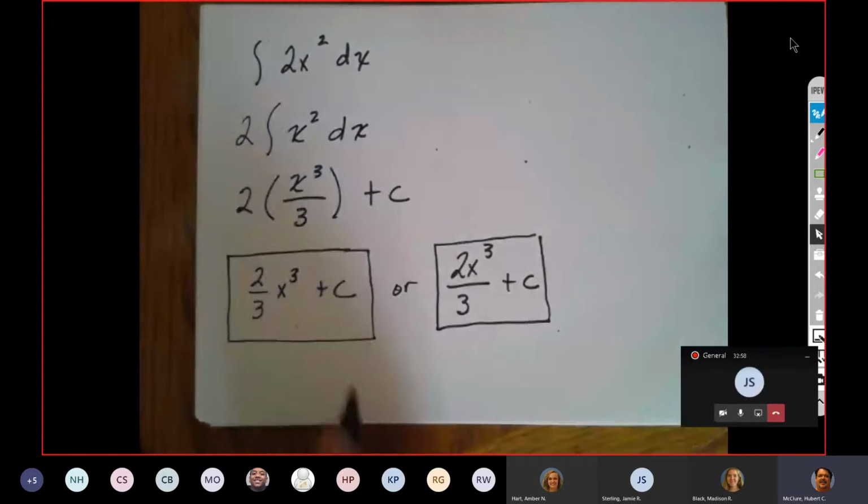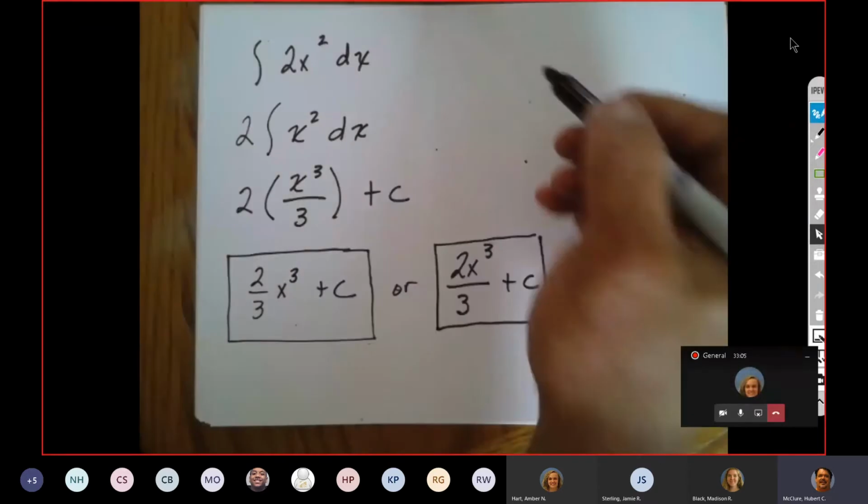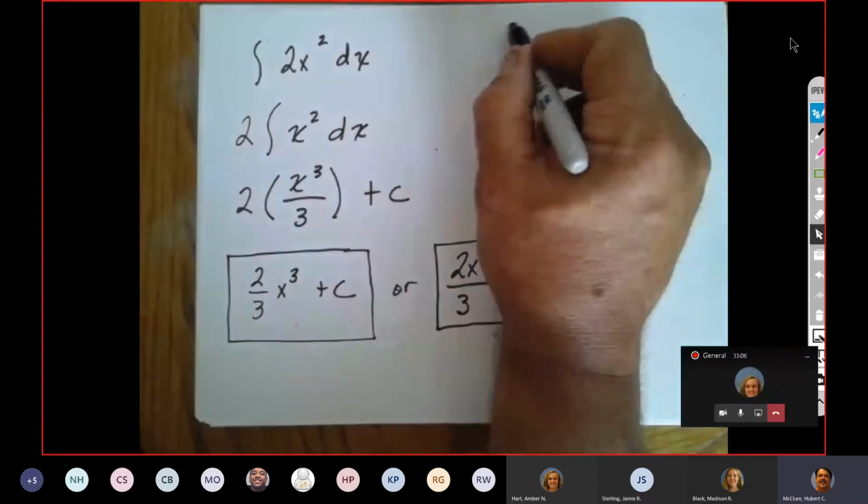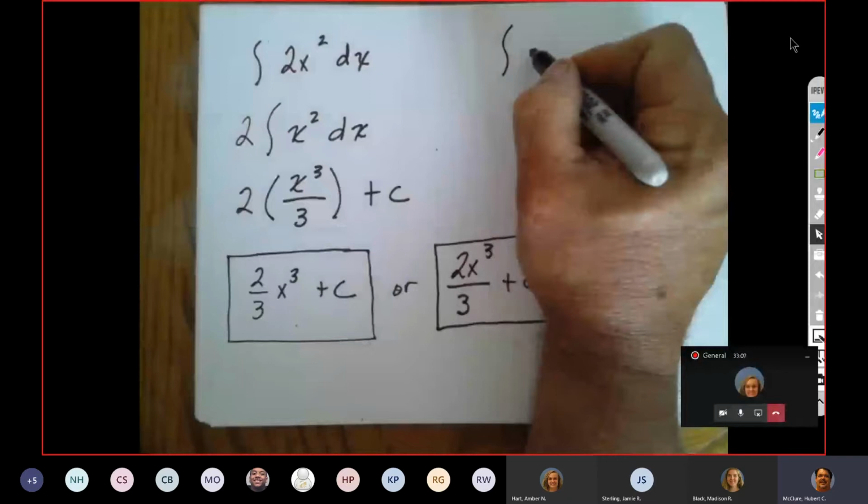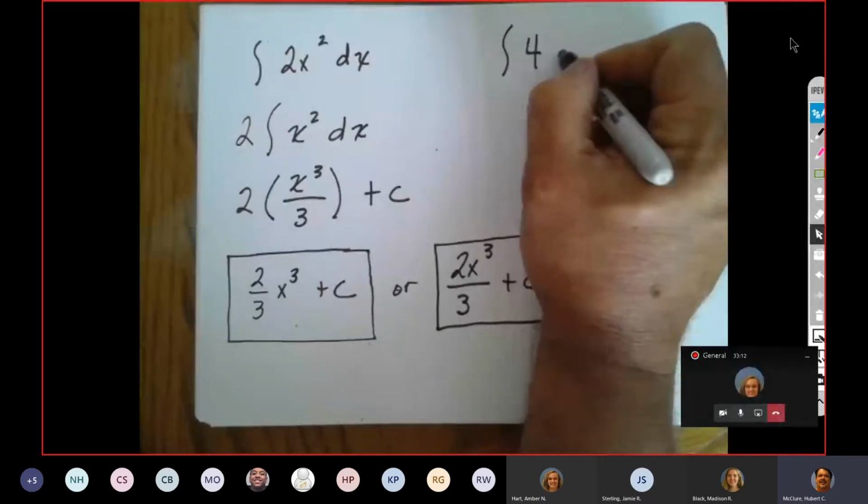So that's the number 1. Or another number 1 would be something like antiderivative of dx, 4 dx. That would be like a number 1.